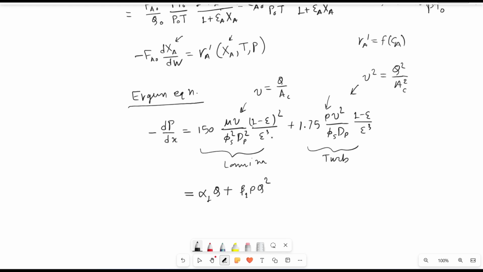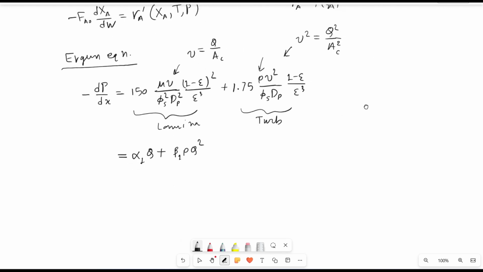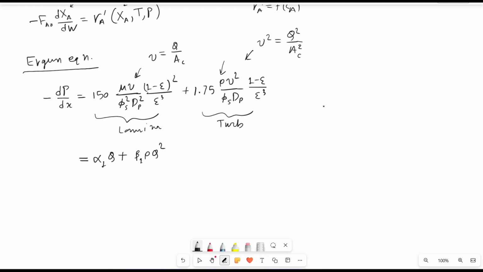Now we all know that the mass balance law will be satisfied. Mass balance means mass flow rate: rho into Q is equal to rho naught into Q naught.